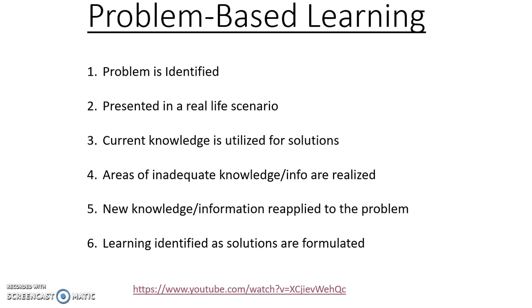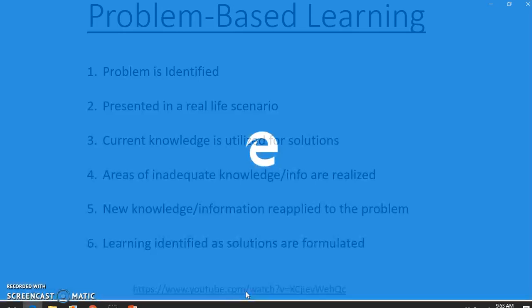And then as points 4 and 5 show, invariably there's going to be areas of inadequate knowledge or knowledge gaps, and in order to solve the problem they're presented with, they need to essentially research or increase their knowledge base. And then at the end, learning is found as the solution or solutions are formulated to solve this said problem. And I have a quick little video just to watch, which is an explanation on problem-based learning.